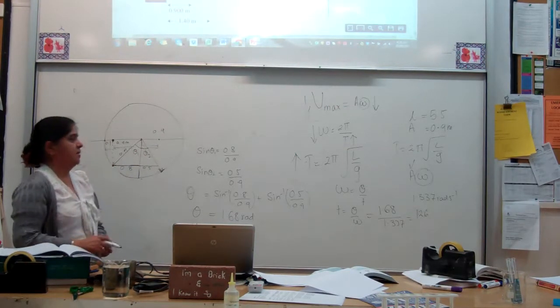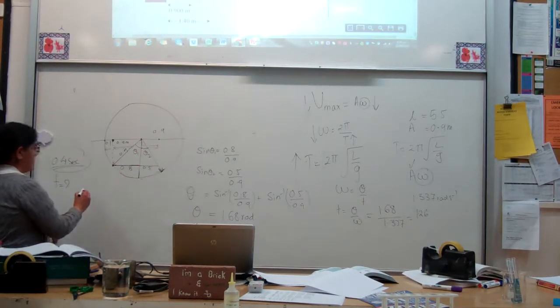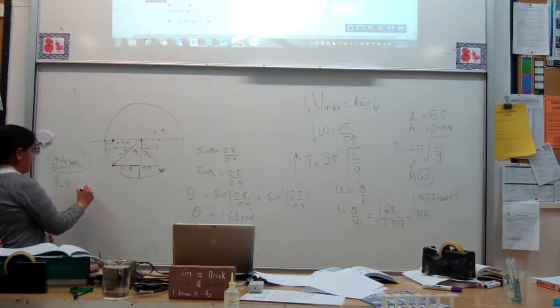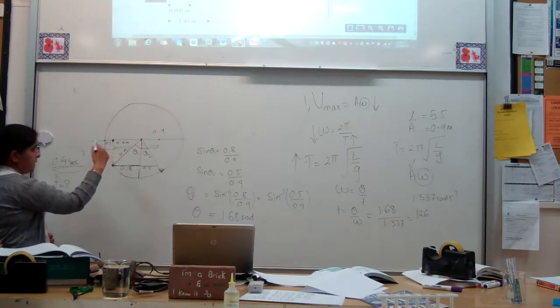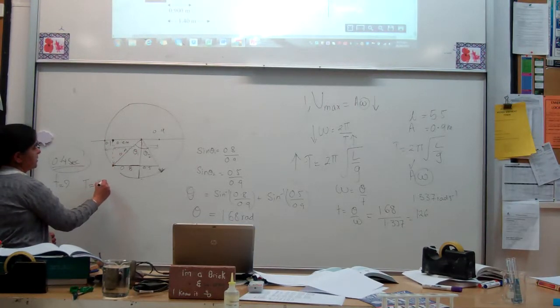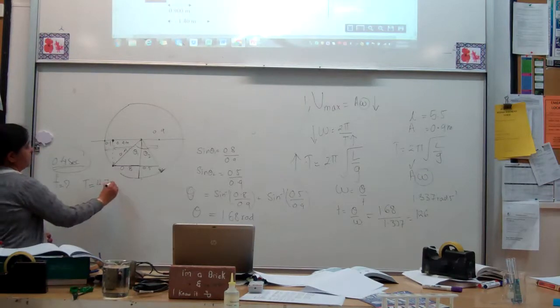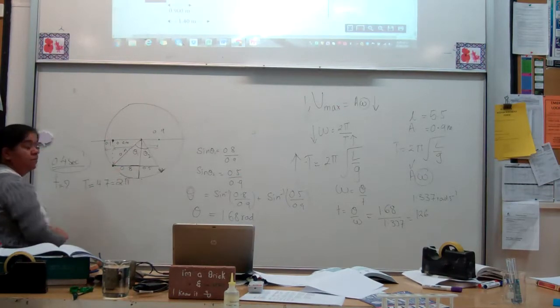And if you want to do it the difficult way, the time taken to complete a full cycle is 4.7 seconds. It's given, which is 2 pi radians.